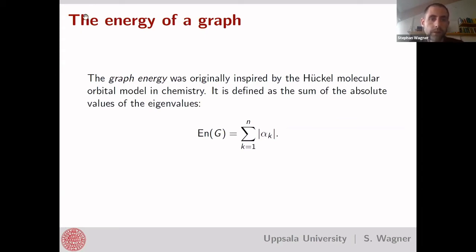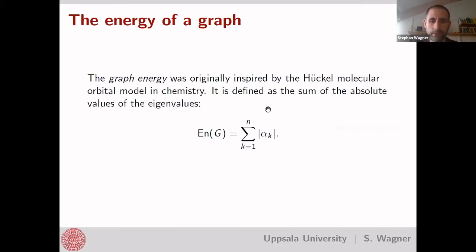So, as I said, the first graph parameter I'm looking at is the energy. And that's originally coming from a model in chemistry, the Hückel molecular orbital model. And the history is a little bit complicated because this definition is sort of mathematically elegant, but it's not technically what the original definition was.